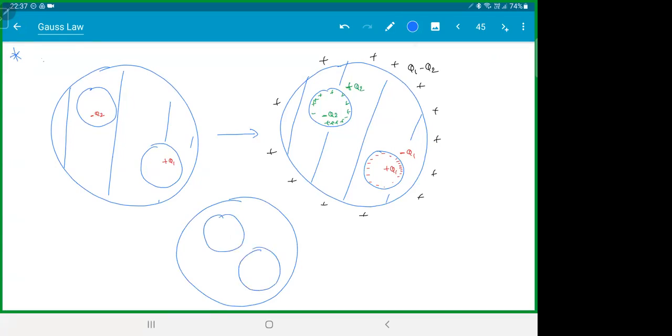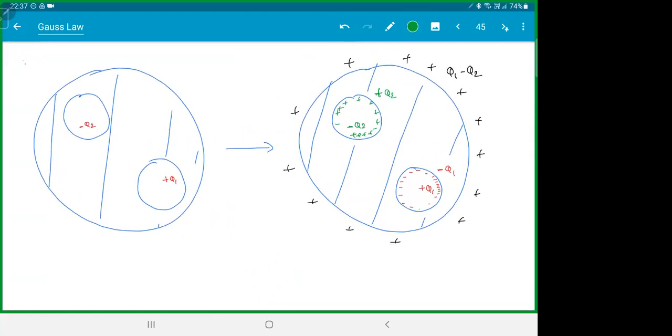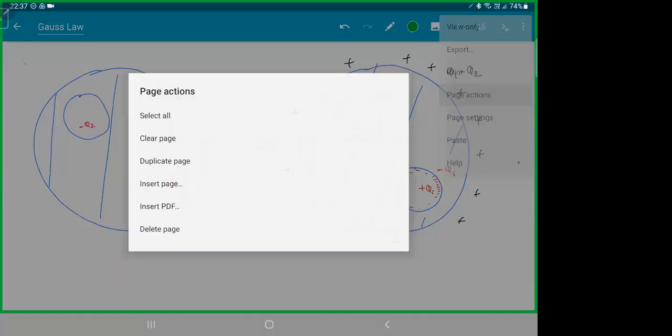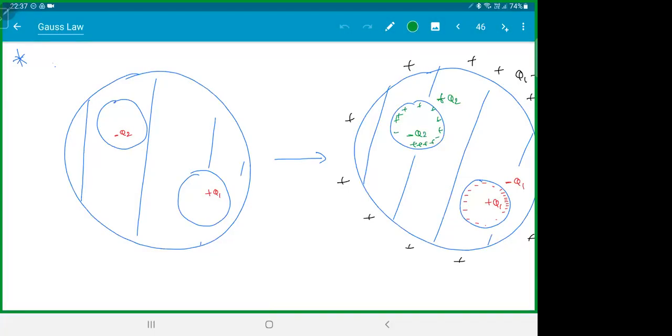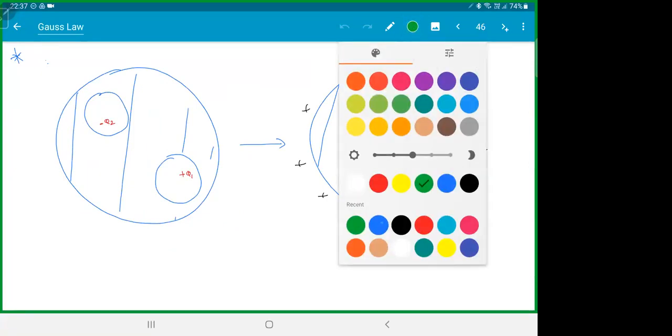You will see something interesting here. If you look at the field lines, this green field lines will be like this. Negative charge, no? Let me draw it on the next page. The field lines will look like this.